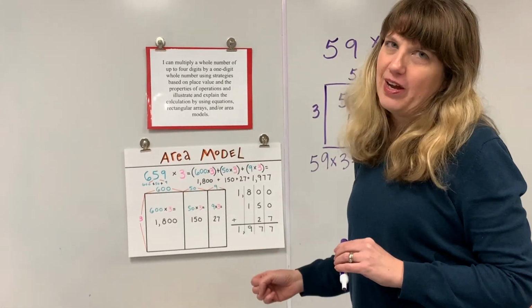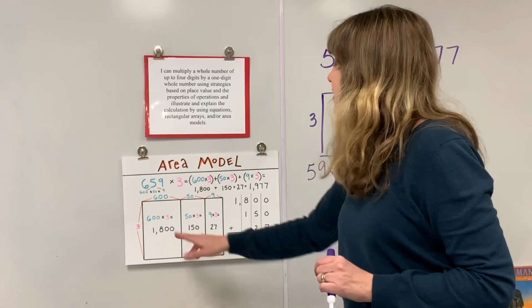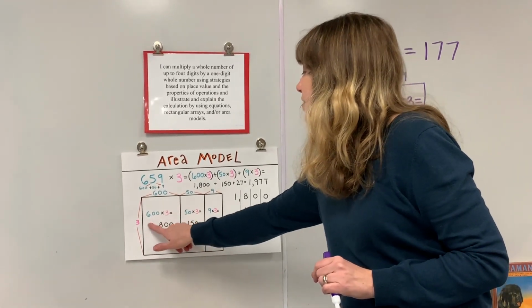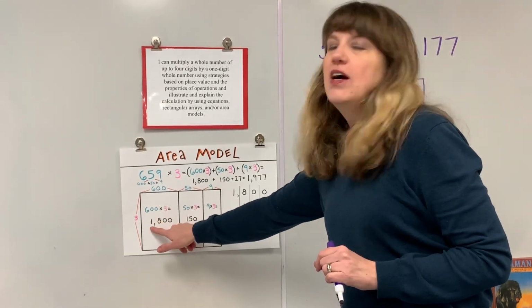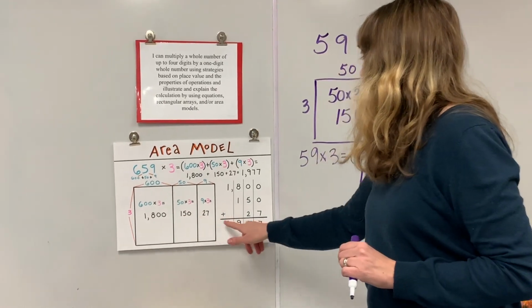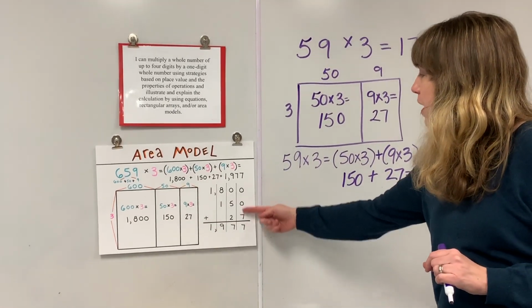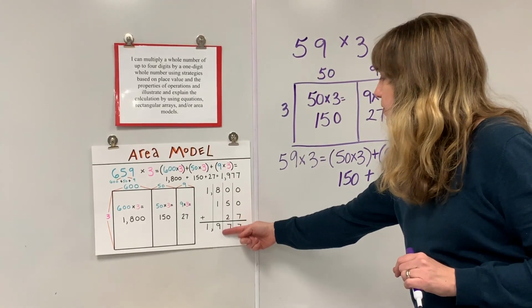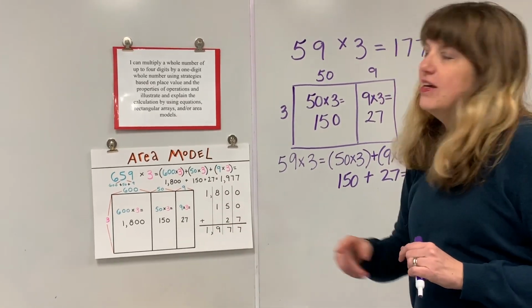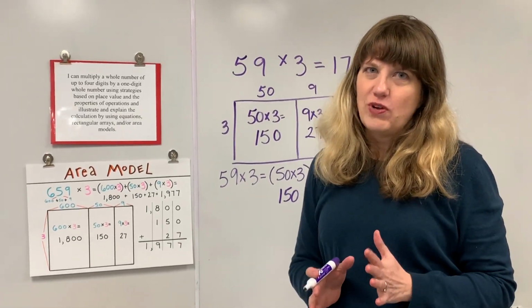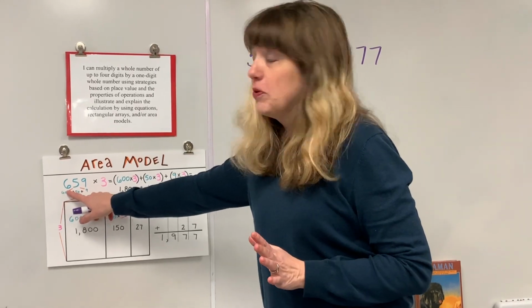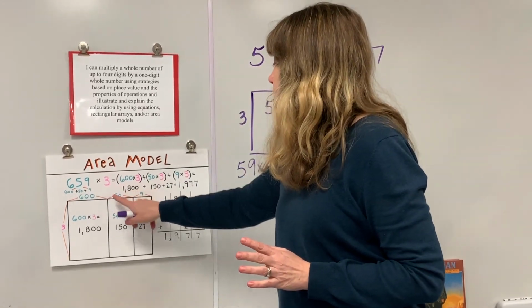Since I cannot draw out all the individual units, we have to just know that it's 600 times 3, and in this rectangle, I would get 1,800 units. Adding them all together, making sure I'm lining up my place value, I get 1,977. And that is the area model strategy for, I could do up to 4 digits by 1 digit multiplication.